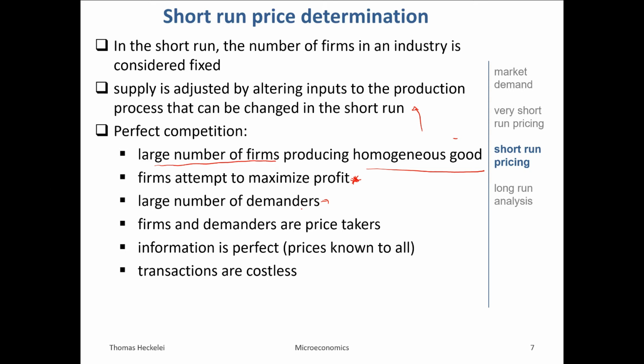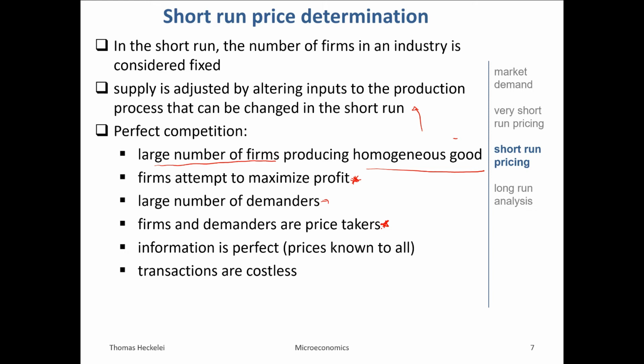Okay. Next assumption: firms and demanders are price takers. This is another important assumption to go together with profit maximization. What the implication of that is, we will see later. Okay, information is perfect.